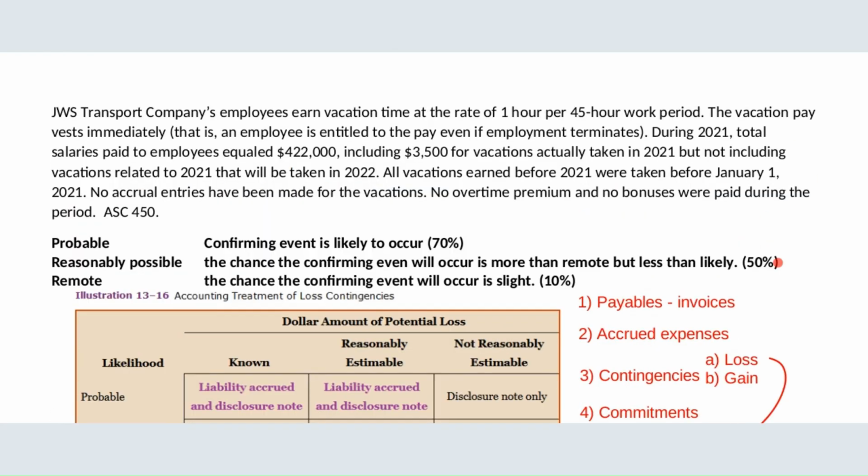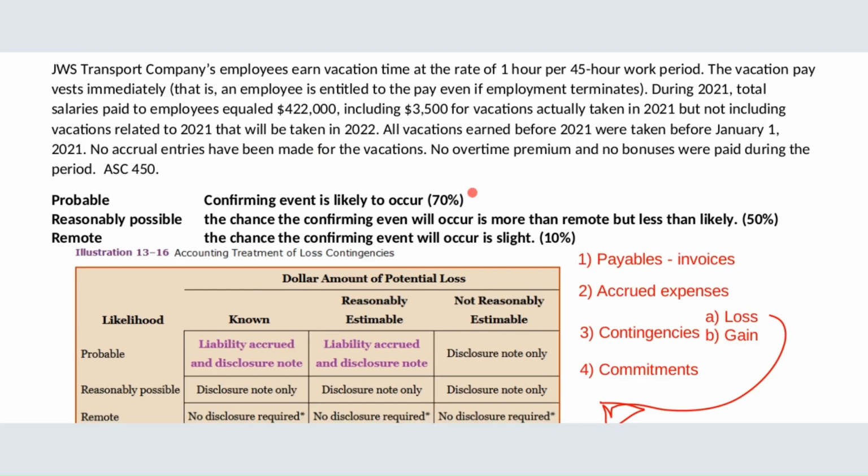So here we're talking about accruals, actually, because we're talking about vacation leave. If you're a full-time employee, you have vacation, right? Usually after you work a year, depending on the company's policies, which may vary, you accrue about 2 weeks of vacation, which you can take in the following year.